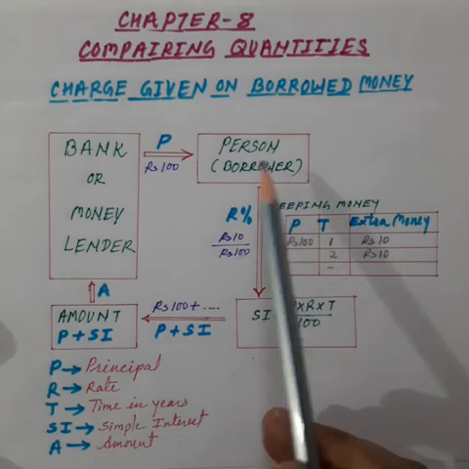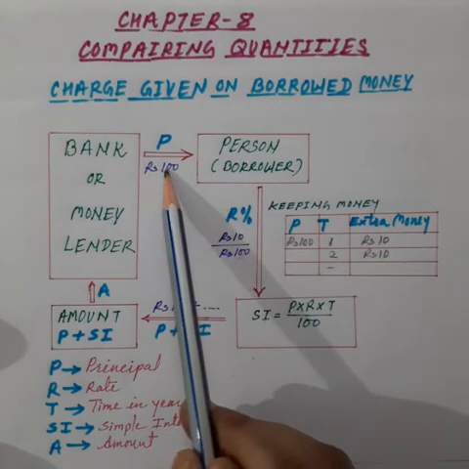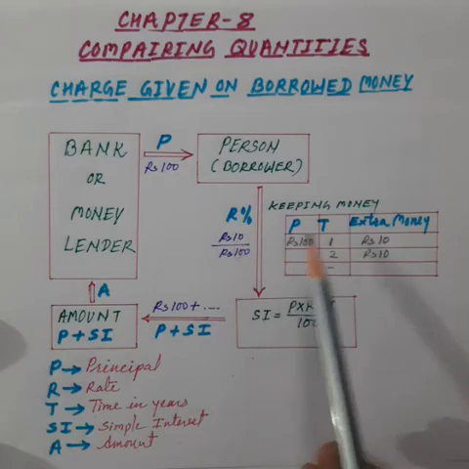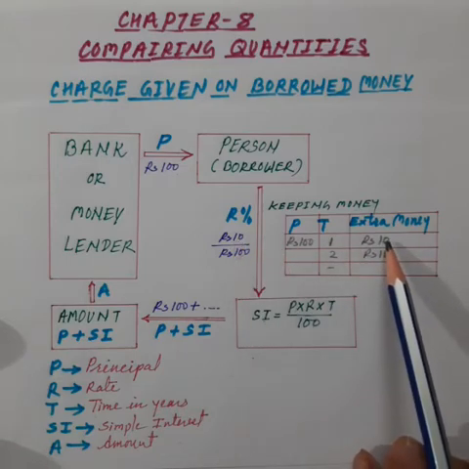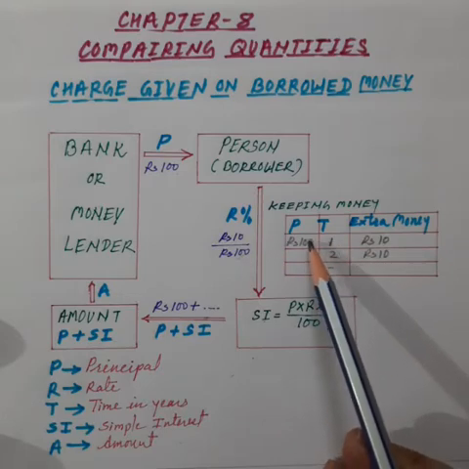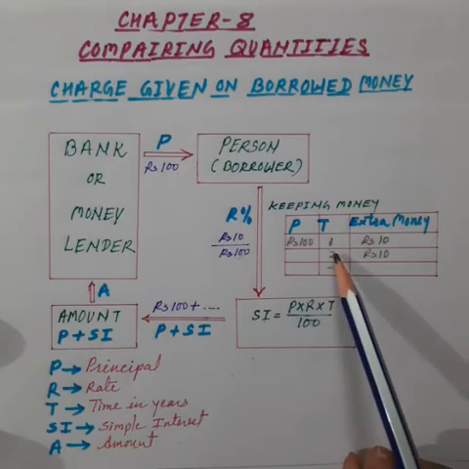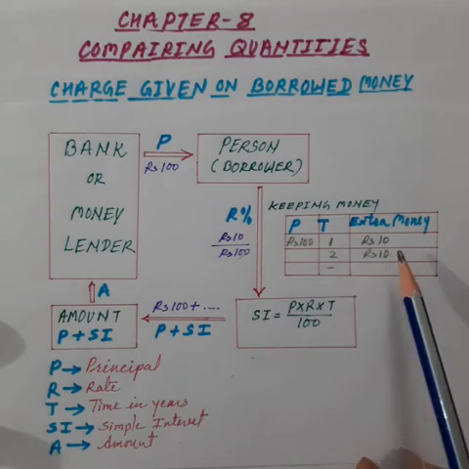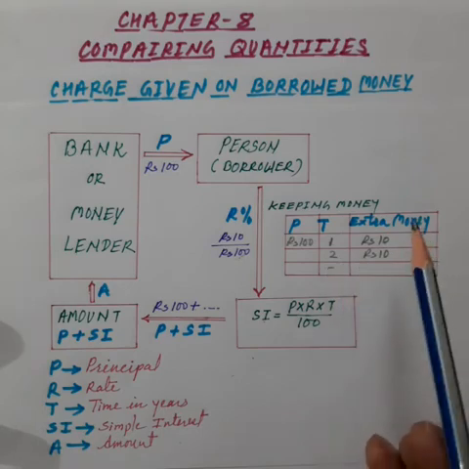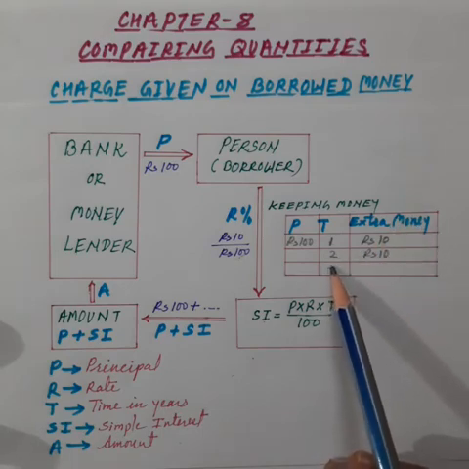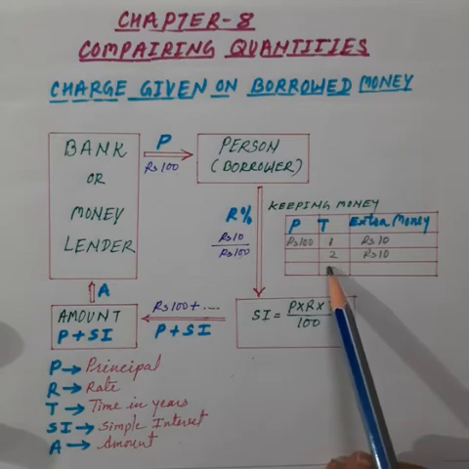If a borrower keeps rupees 100 for 1 year at this rate percent, he has to pay rupees 10 extra after 1 year. If he keeps the 100 rupees for the next year also, he has to pay again rupees 10 extra.